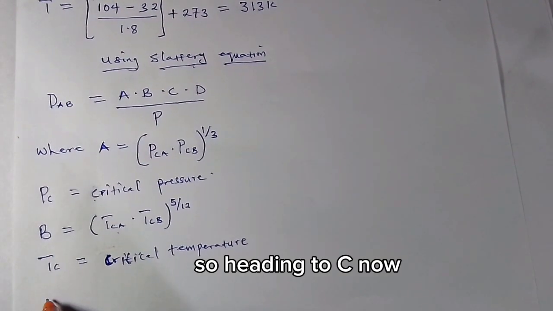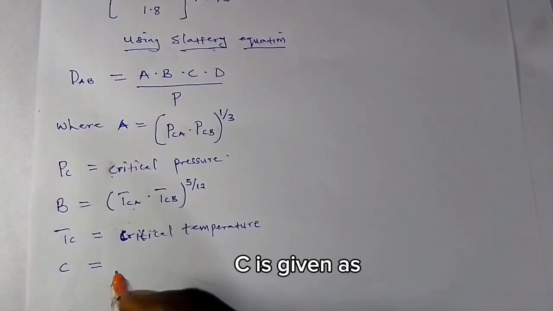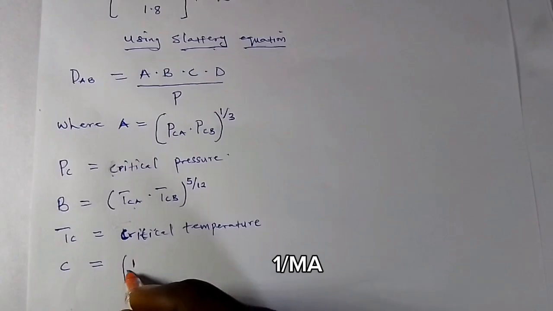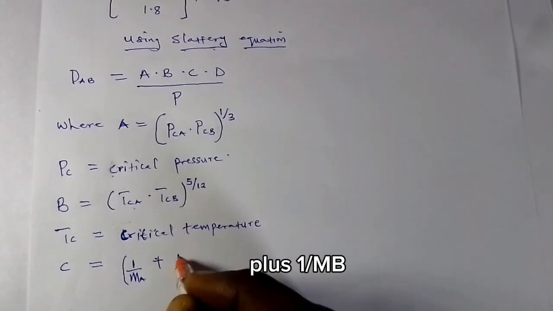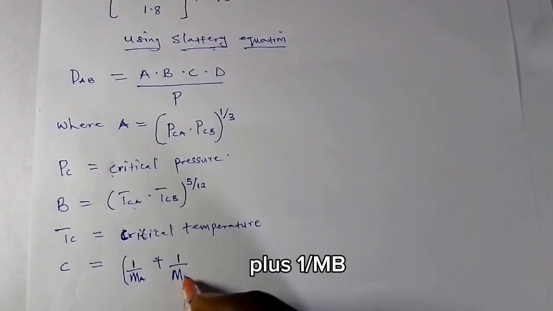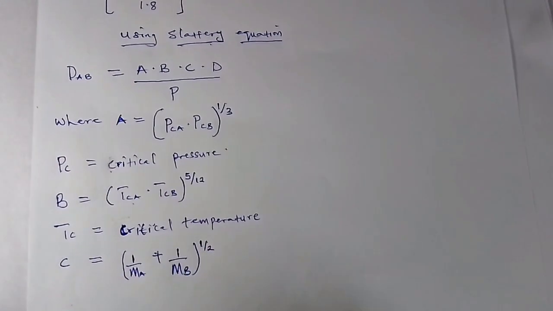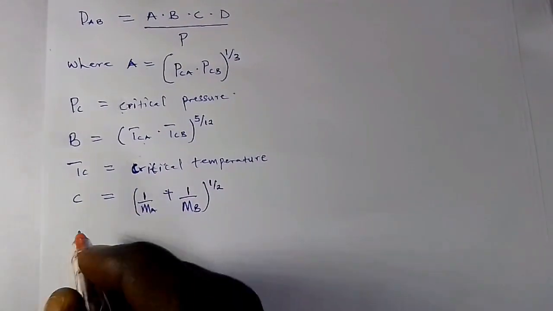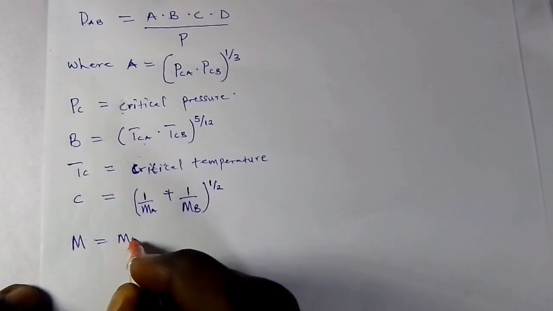So heading to C now. C is given as 1 over MA plus 1 over MB, all raised to the power of 1 over 2, where M is the molar mass.